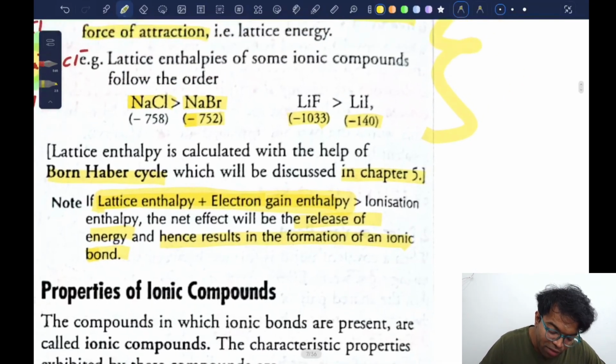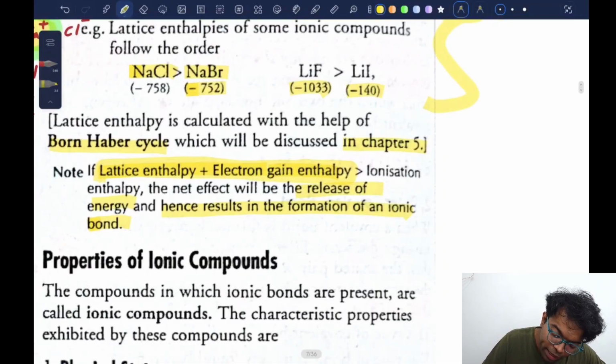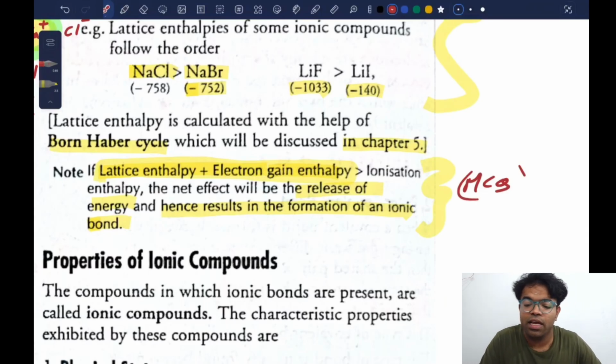This is an MCQ, Drupad. This is a very well hidden MCQ. You can mark this in your book. A lot of times they will give you the ionization enthalpy, the electron gain enthalpy, and the lattice enthalpy, and then they will ask you, will this situation lead to the formation of an ionic bond?